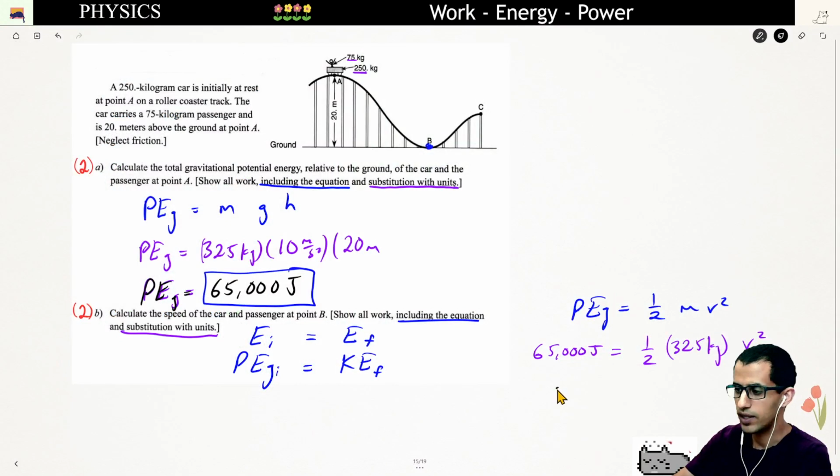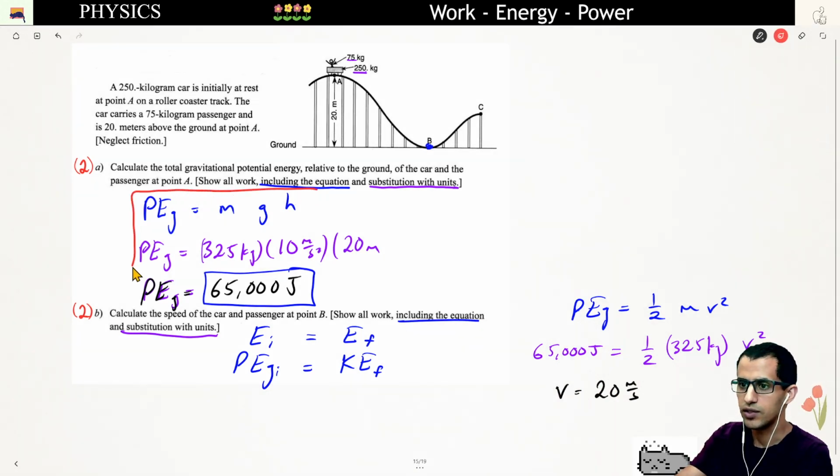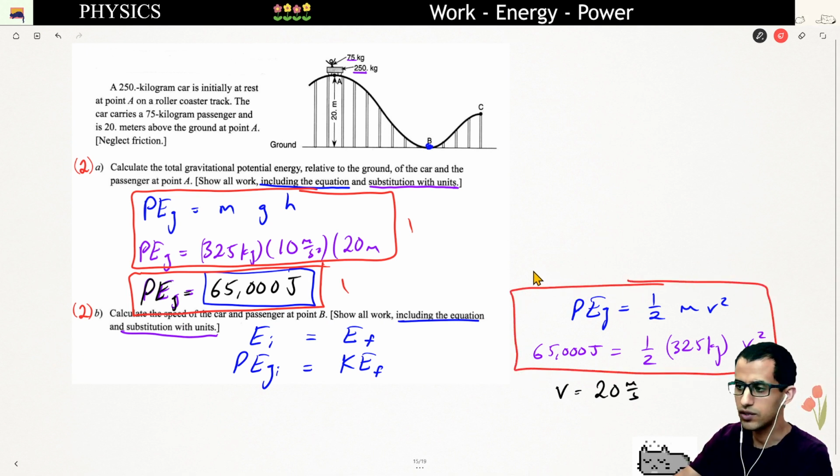So my answer v is equal to 20 meters per second. Remember that the equation and substitution is worth 1 point, and the answer with correct units is also worth 1 point. And here I have equation and substitution for 1 point, answer with units for 1 point.